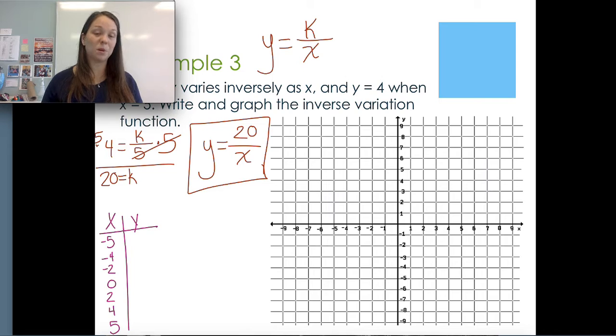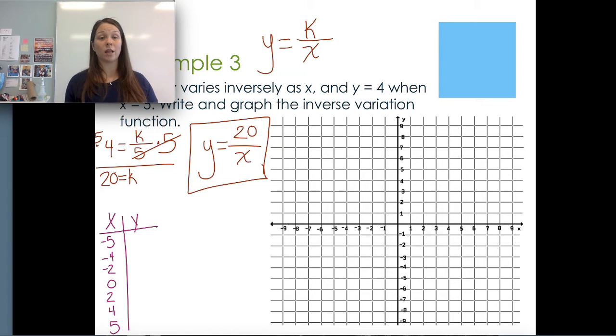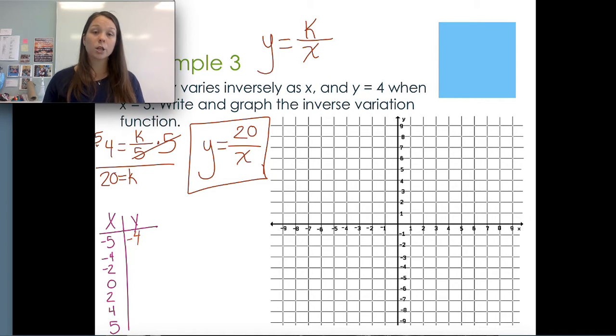And let's see what happens when we divide these values. So 20 divided by -5 is -4. 20 divided by -4 is -5. 20 divided by -2 is -10.